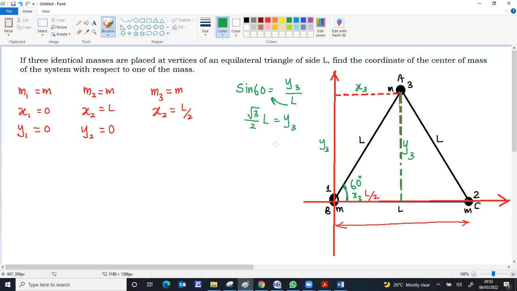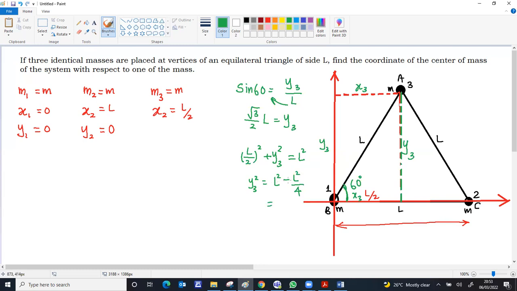If this is not fine, you can use Pythagoras theorem. Base square plus altitude square will be equal to square of hypotenuse, L square. So y3 square will be L square minus L square by 4.